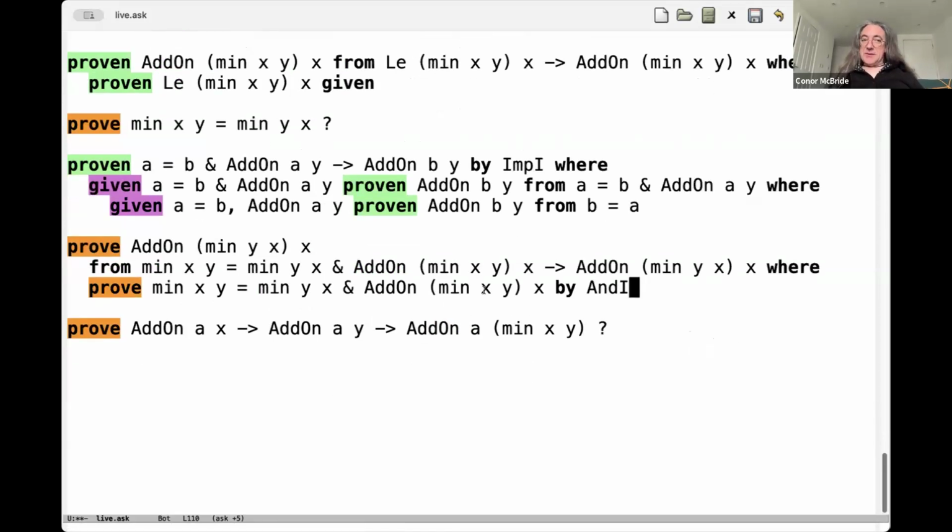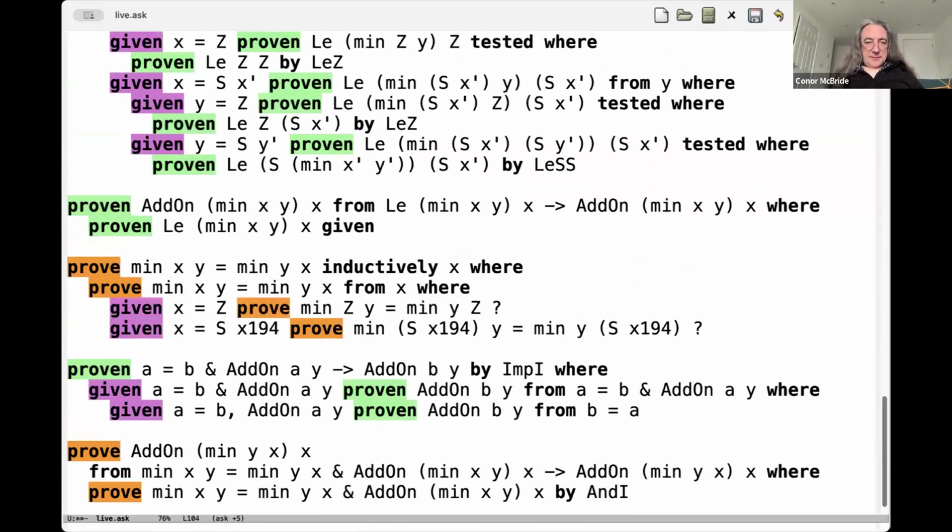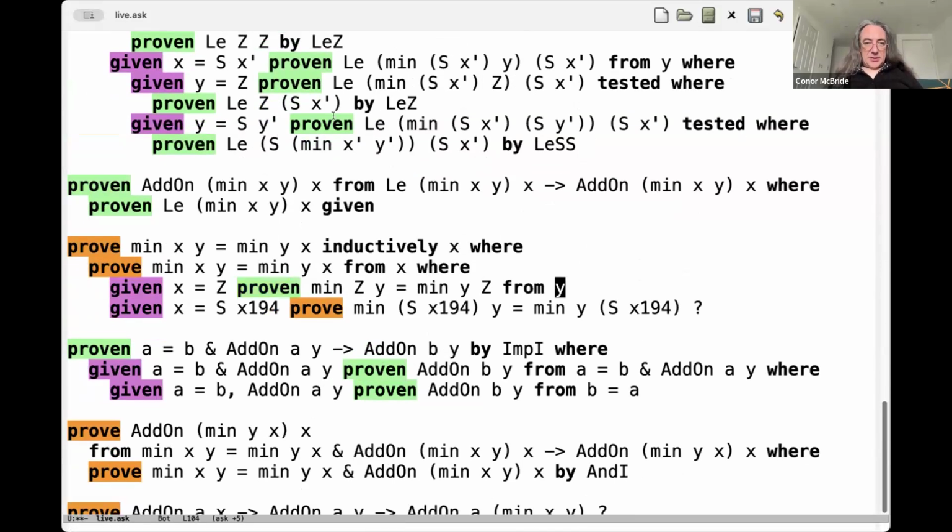And we get no sub-goals, but because we haven't proven this thing yet, it's still not gone green. So let's just do it. Bit of a bash.